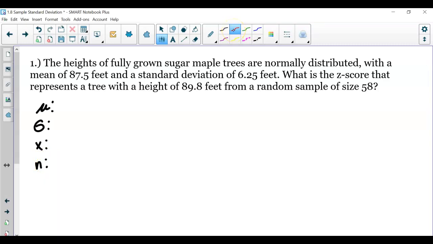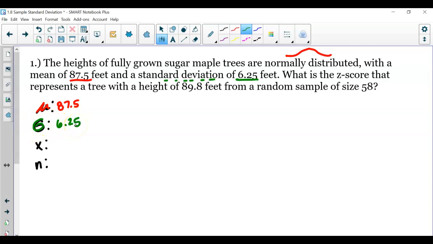So here we go. The heights of fully grown sugar maple trees are normally distributed. So here's our curve with a mean of 87.5 feet and a standard deviation of 6.25 feet. Here's our sigma.